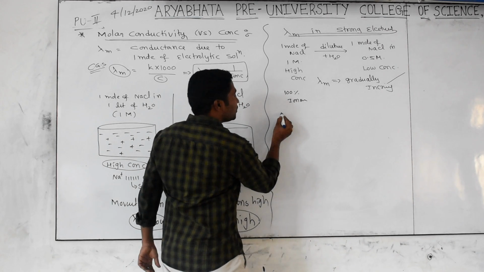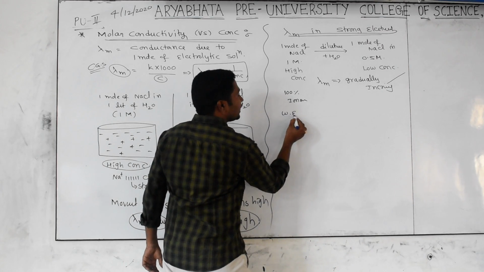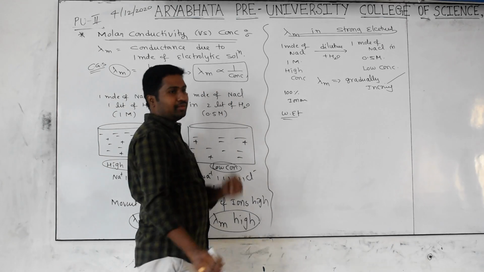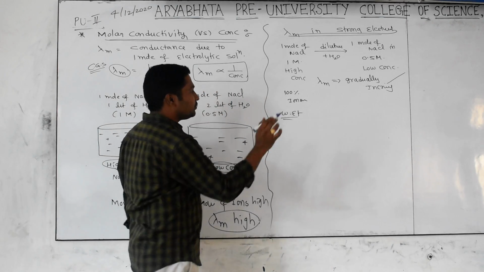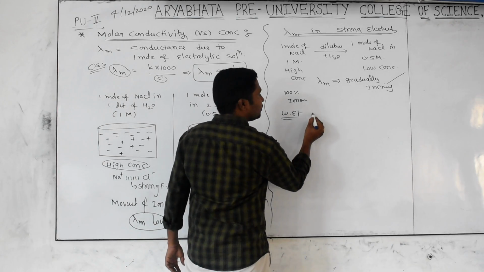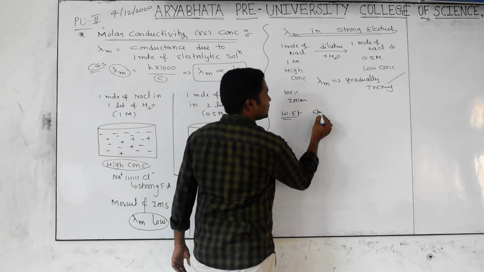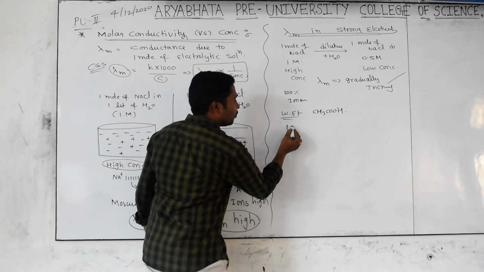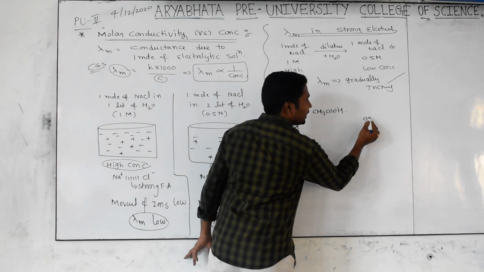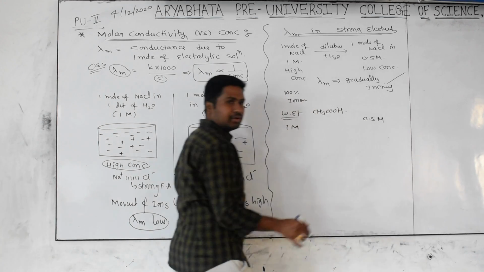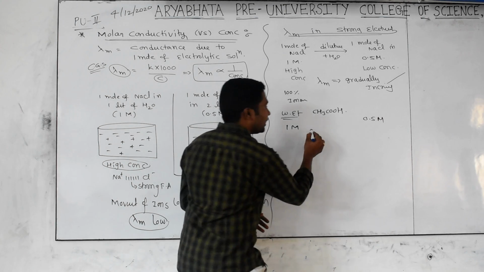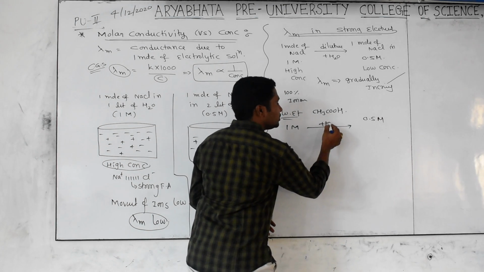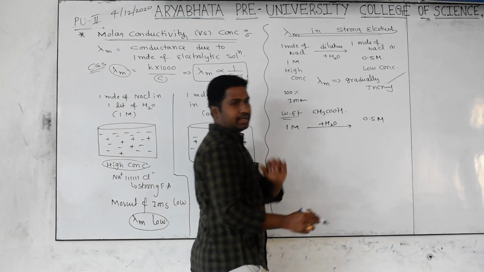But I want to explain the case of weak electrolytes. Observe very carefully. For example, take acetic acid, CH3COOH solution, at 1 molar concentration and at 0.5 molar concentration. You are doing dilution, so concentration keeps decreasing.